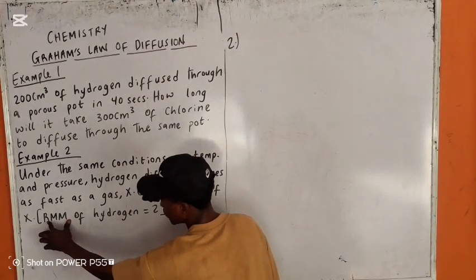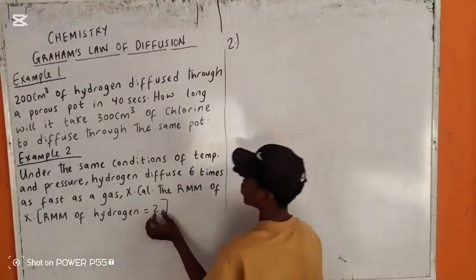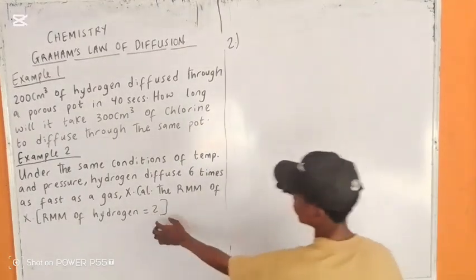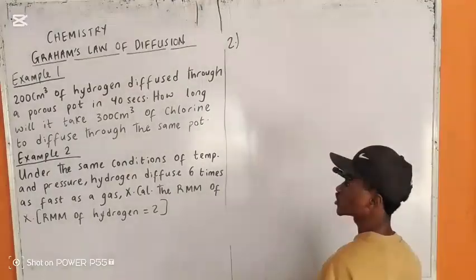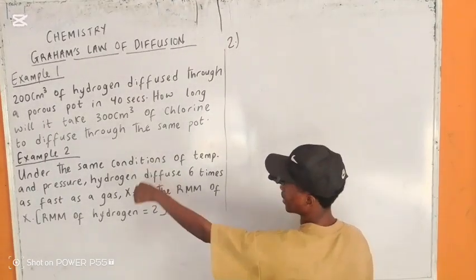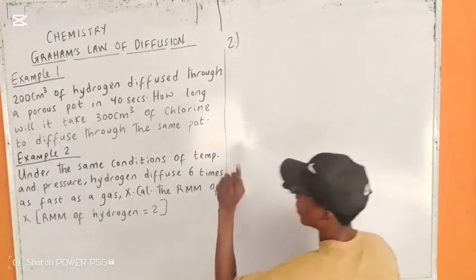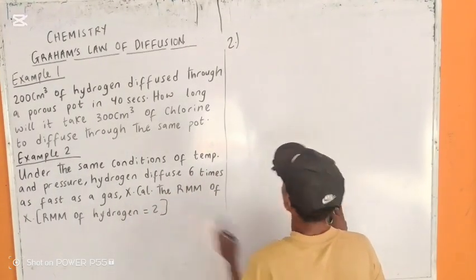So the RMM of hydrogen equals 2. So the same way, we are dealing with two gases, which are hydrogen and gas X. And notice, hydrogen came first before gas X.